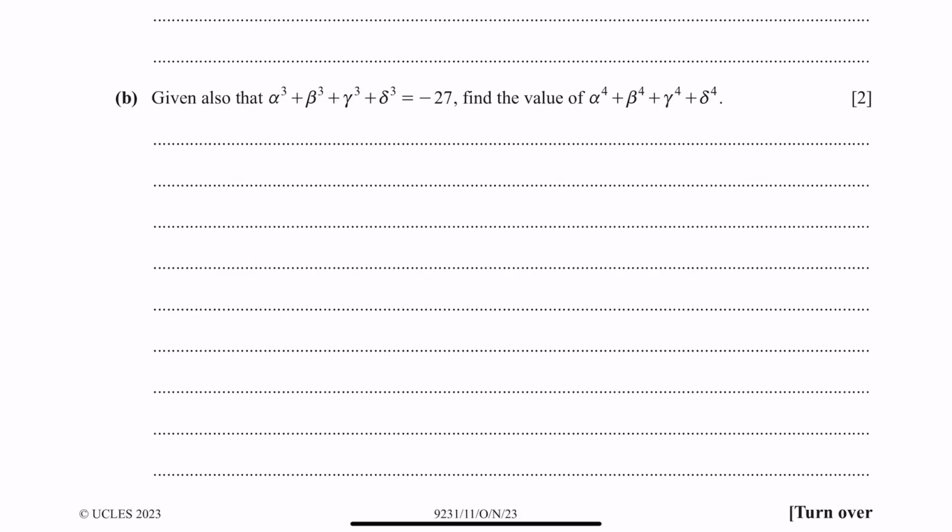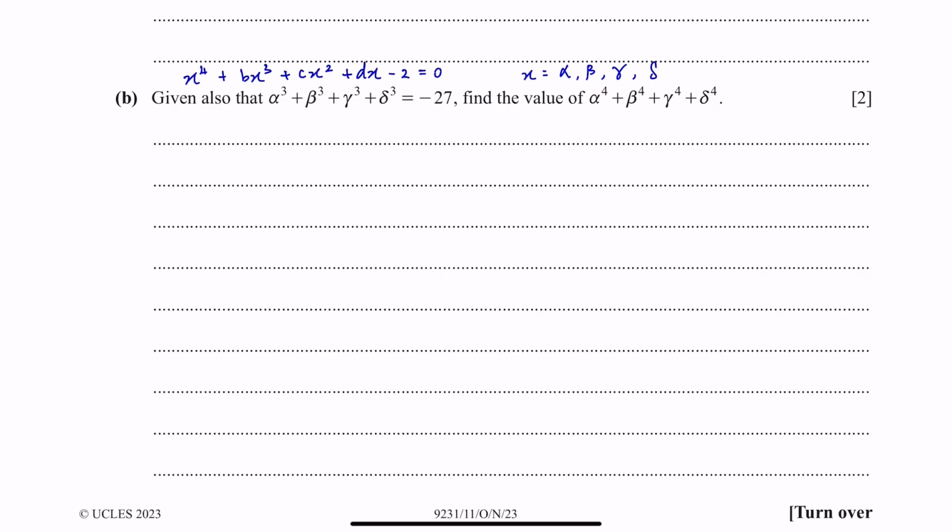For part B, before doing, I will need to prove something to you guys. Before that, let me just copy the equation here so we don't have to scroll back up every time. So the roots are alpha, beta, gamma, and delta.